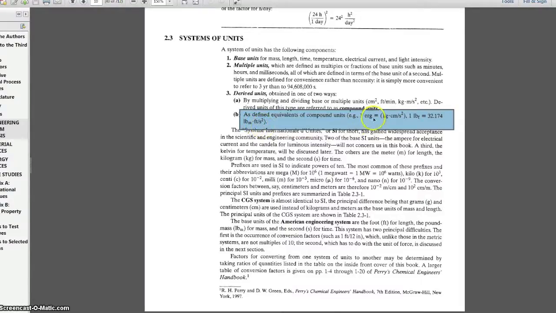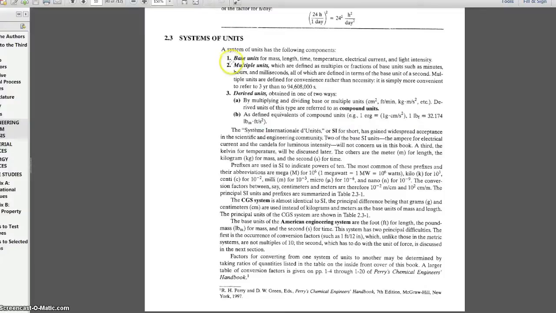Then the other one is 1 erg. I have no idea what this is about. But anyway, 1 erg is equal to 1 gram centimeter over second square. So that's derived units.